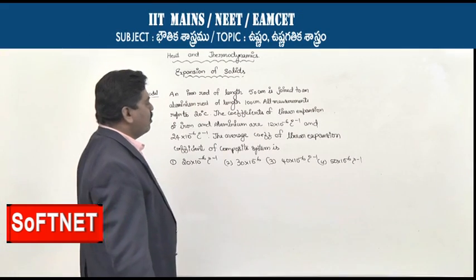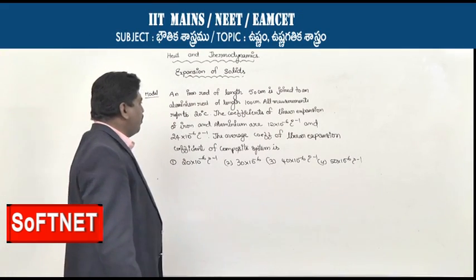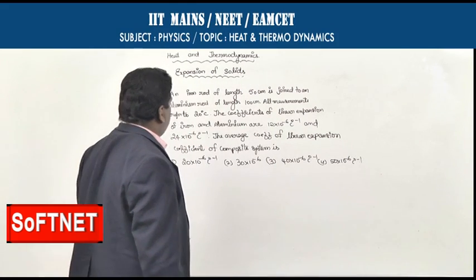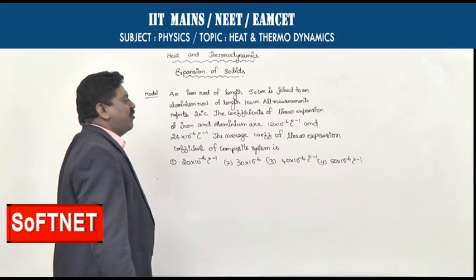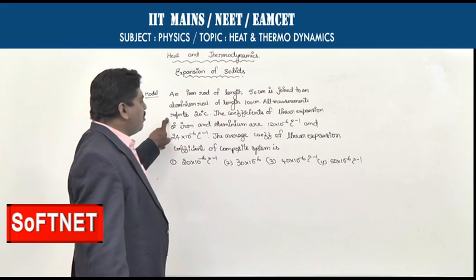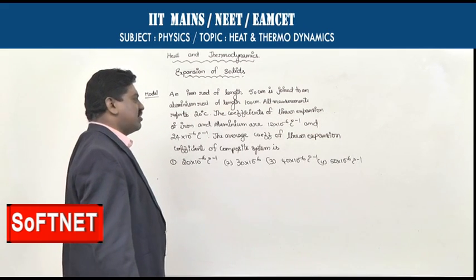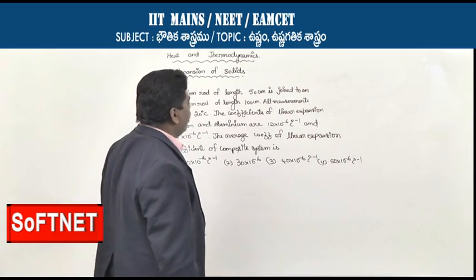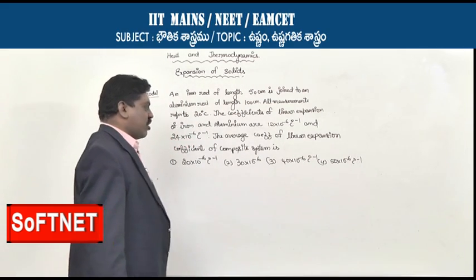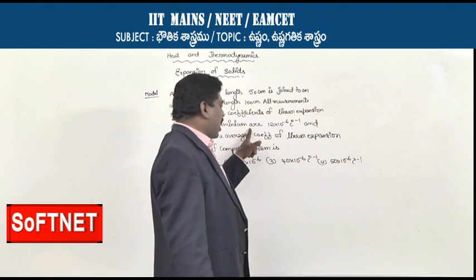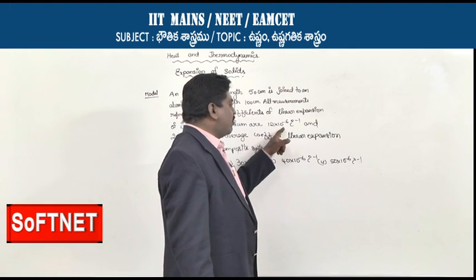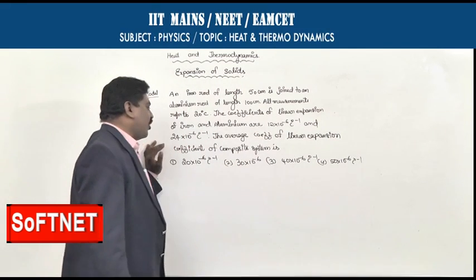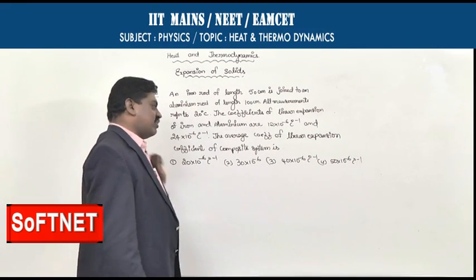Now, let us try a problem based on the previous formula. An iron rod of length 50 centimeters is joined to an aluminium rod of length 100 centimeters. All measurements refer to 20 degrees Celsius. The coefficients of linear expansion of iron and aluminium are 12 into 10 to the power of minus 6 per degree Celsius and 24 into 10 to the power of minus 6 per degree Celsius.